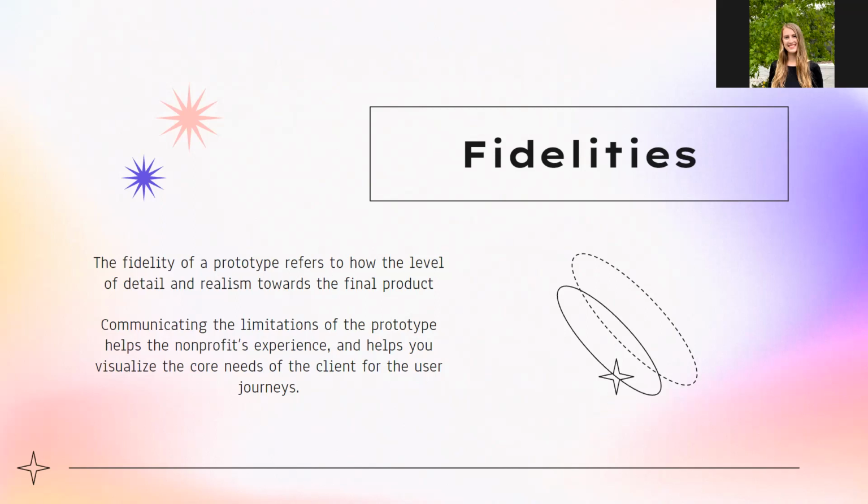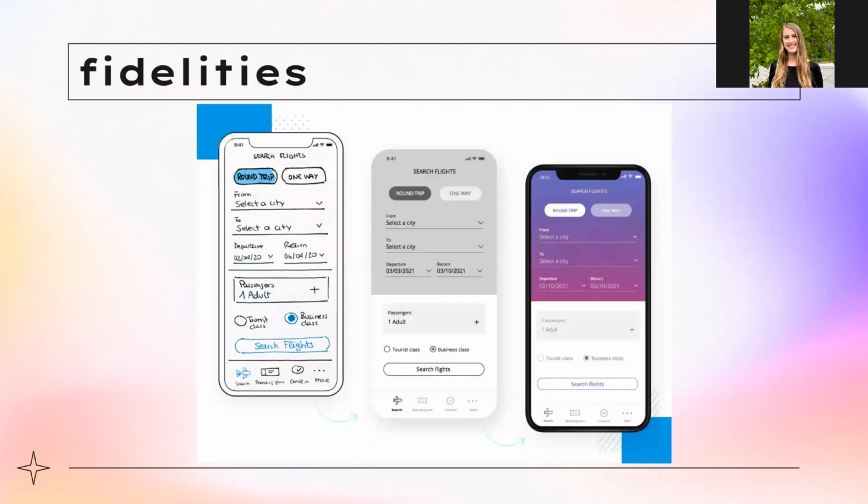So being able to understand the limitations of the current prototype helps not only the nonprofit, but it also helps you visualize the core needs shown within that fidelity for the overall web app experience. And these are the three examples of the different fidelities.